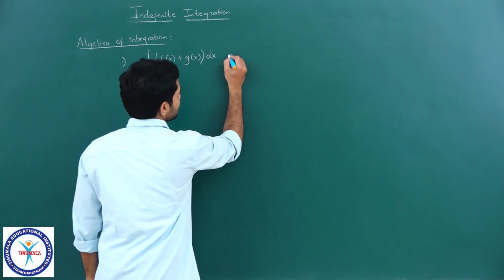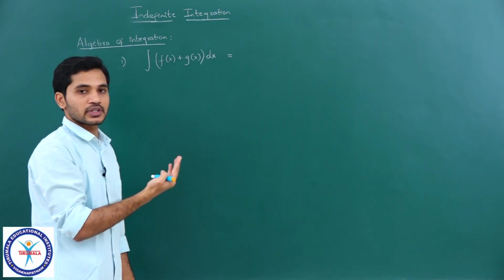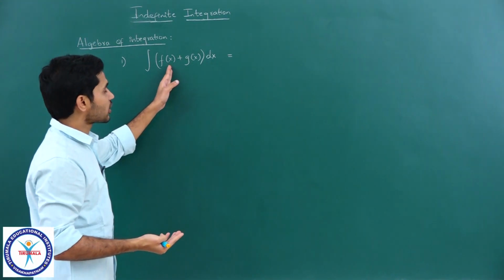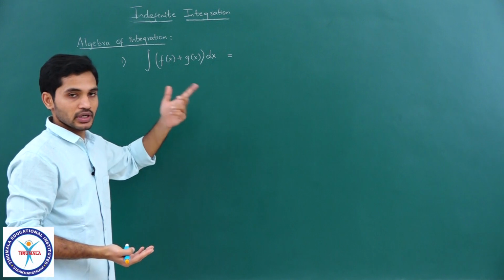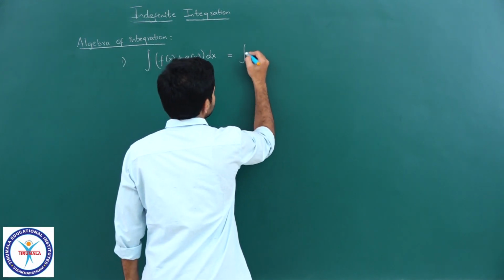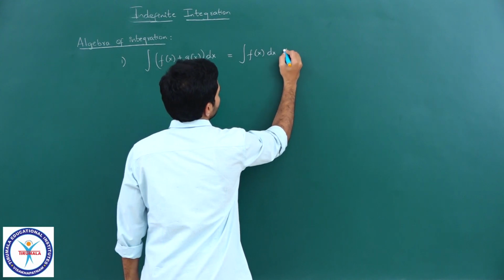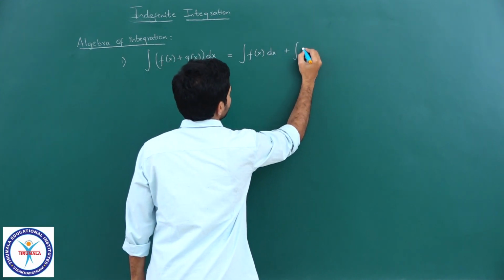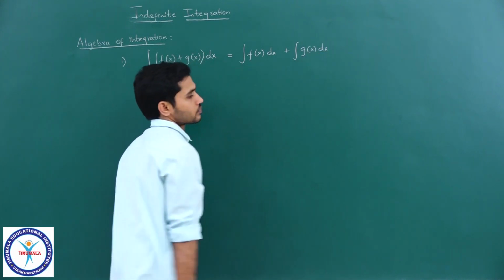So, in such a scenario, how do we do this? Just like we applied in the case of differentiation, you can integrate this function first, integrate this function and then perform the operation, right. So, this becomes integral of f of x dx plus integral of g of x dx, right.